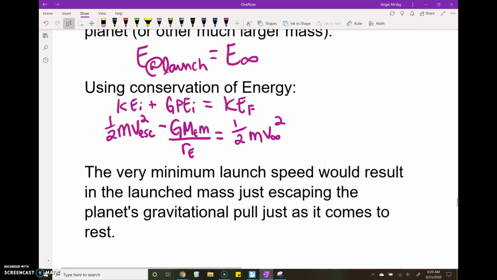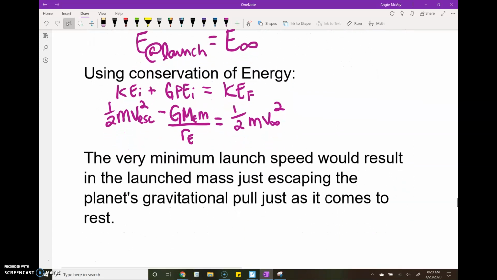So here's the thing though. What we define as the escape velocity is the minimum launch speed for the object to escape Earth's gravitational pull.